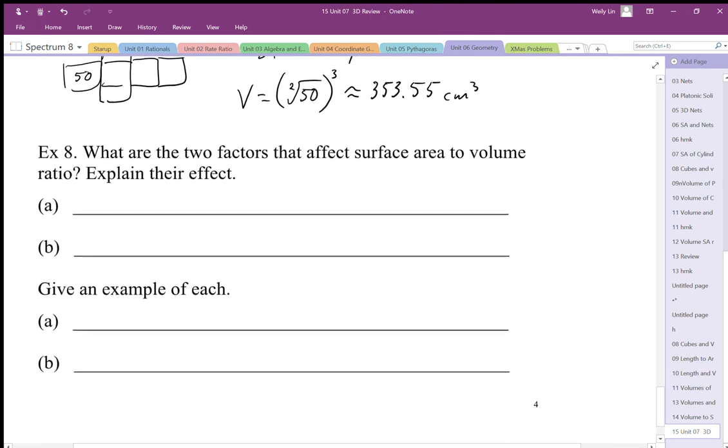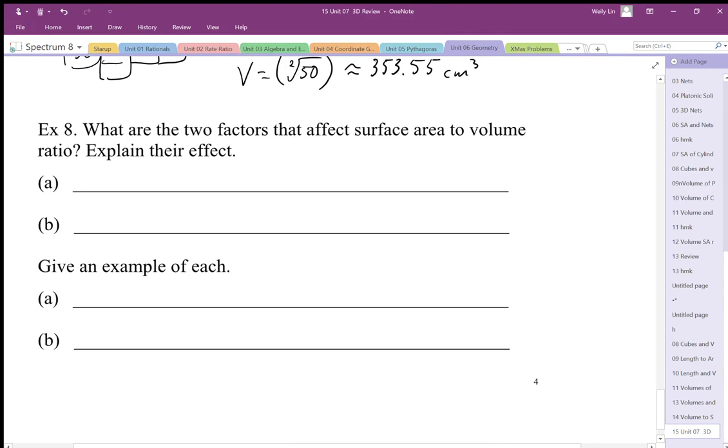Okay, so last thing is talking about surface area to volume ratio and explain their effects. So there's two things that affect the surface area to volume ratio. Okay, so the size. A larger object of the same shape has less surface area. This is why cells in your body can't be super huge.